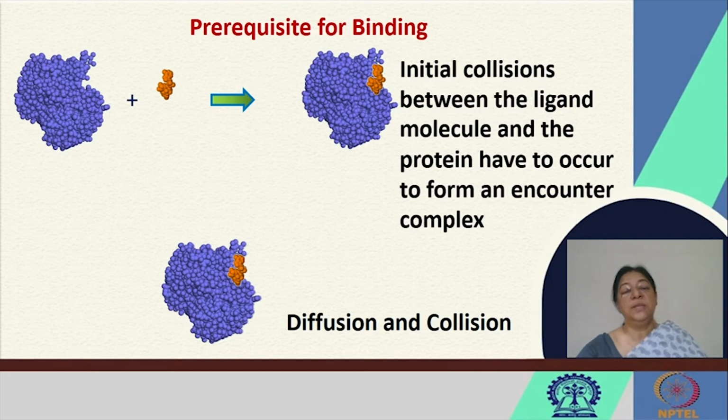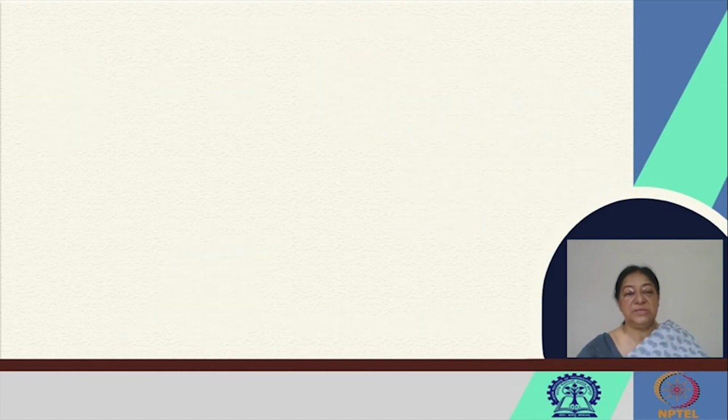When we are working with enzyme and substrate, this is the enzyme and this is our substrate that has to bind to the specific pocket for a reaction to take place.